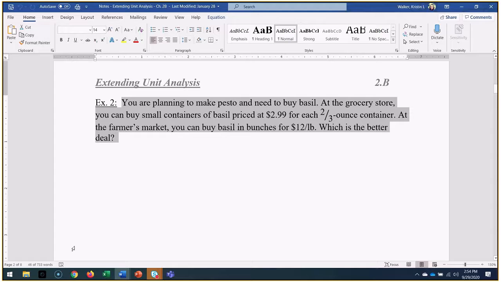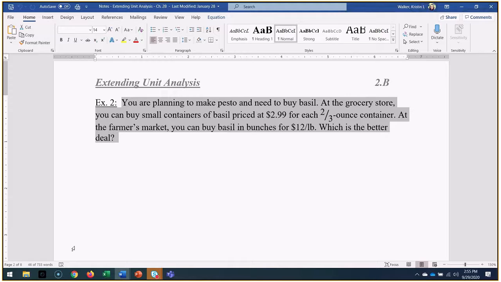Okay, so you are planning to make pesto and you need to buy basil. At the grocery store, you can buy small containers of basil priced at $2.99 for each 2/3 of an ounce. And at the farmer's market, you can buy basil in bunches for $12 per pound. What's the better deal? So first, let me jot it all down.